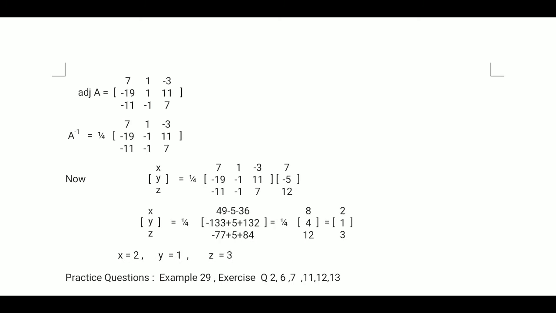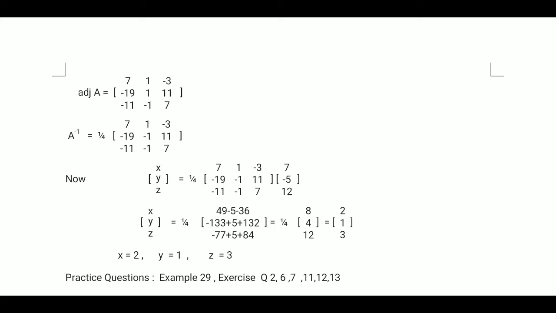Now put the values in the equation. X is equal to A inverse B. So we write x y z is equal to 1 upon 4 the adjoint of matrix into B, and now you multiply the adjoint of matrix on B, we get the result like this.